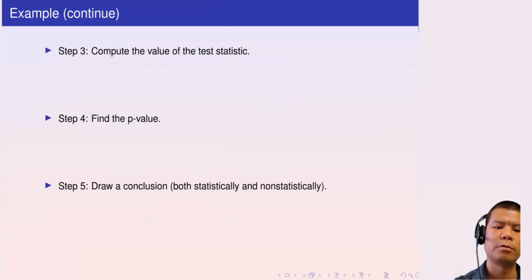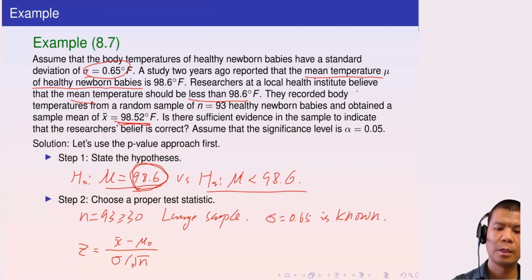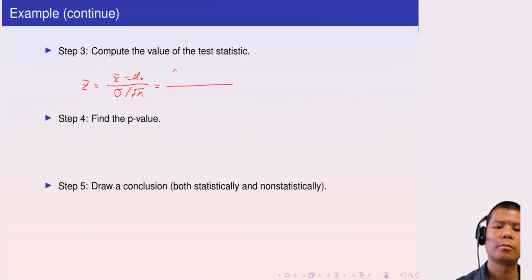Then we compute its value. x bar minus mu 0 over sigma over square root of n equals, now x bar is given here, 98.52, minus mu 0.